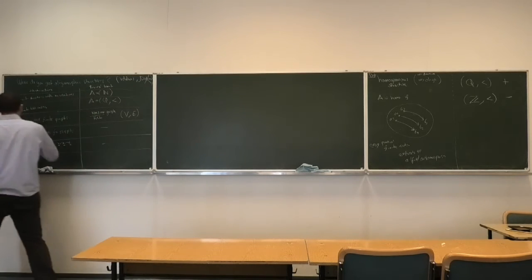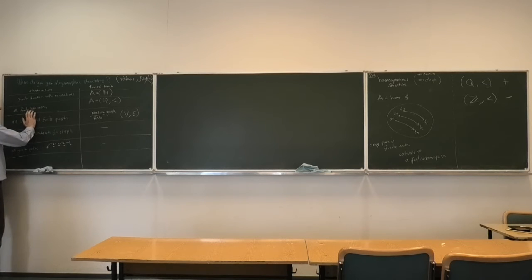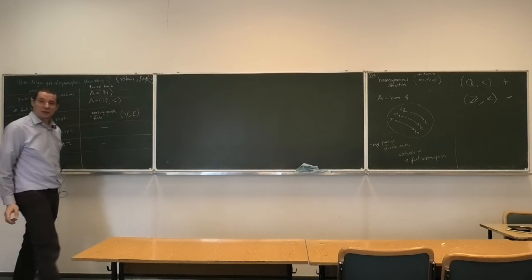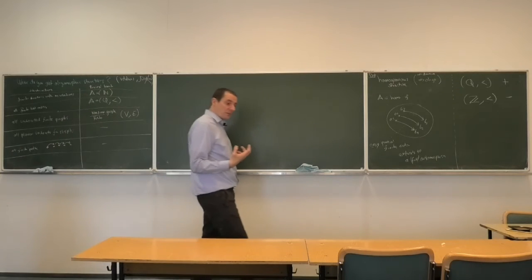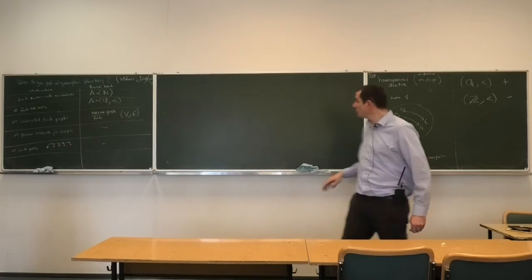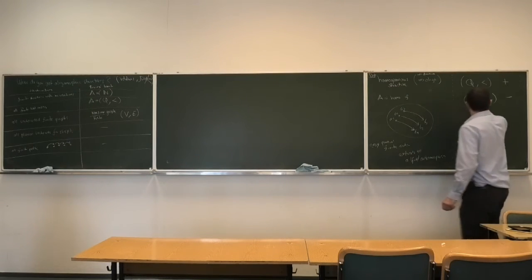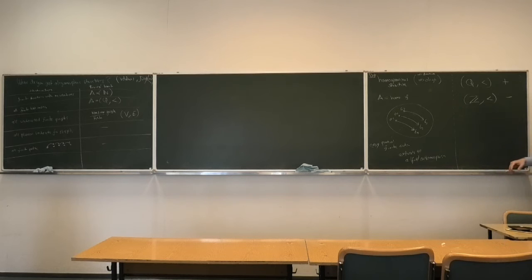So for example, if I want a homogeneous structure which has exactly the finite total orders as substructures, then 2 candidates would be this and that. There's other candidates as well. Both of them have all finite total orders as substructures, but this one's not homogeneous, so this is not going to be a good candidate.